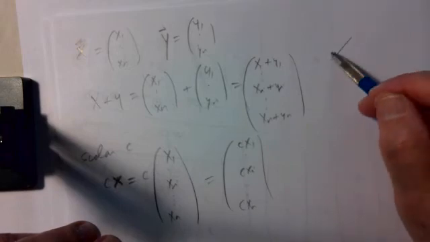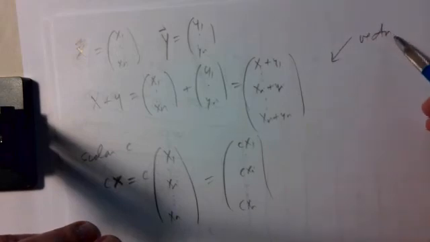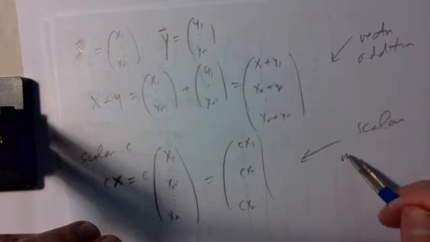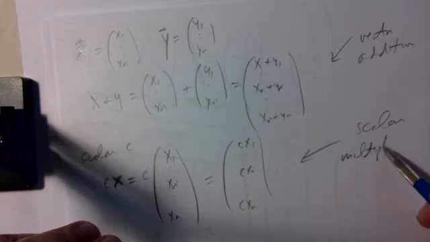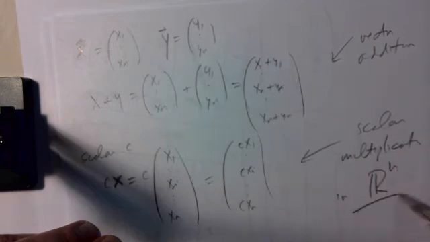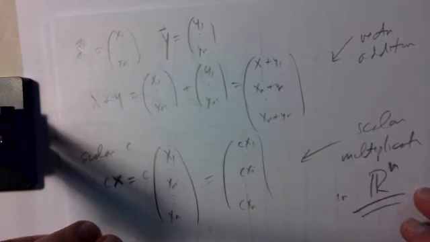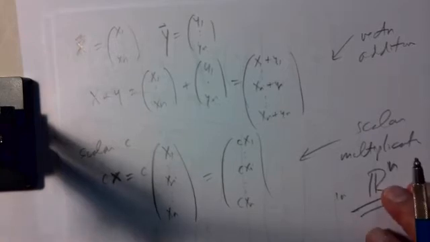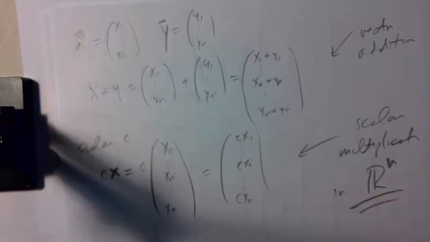So this is vector addition, and this is scalar multiplication in Rn. This is the space or set of n-dimensional column vectors.